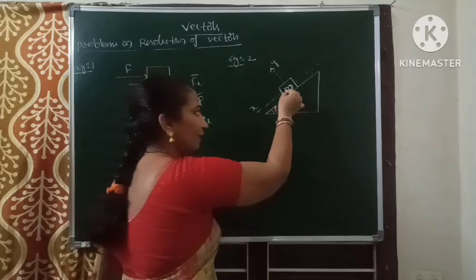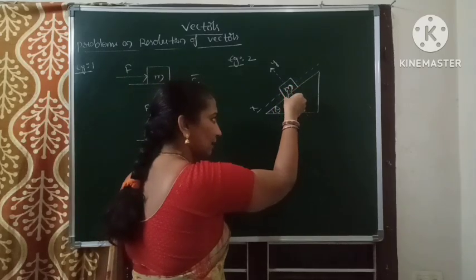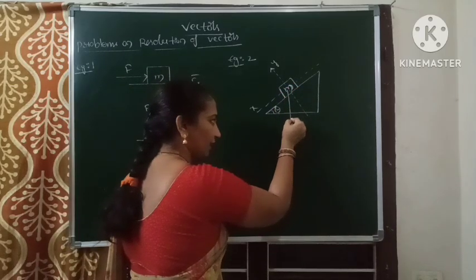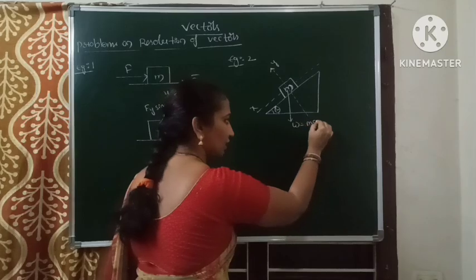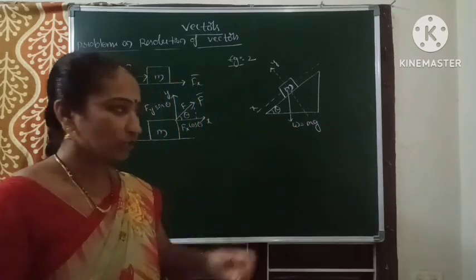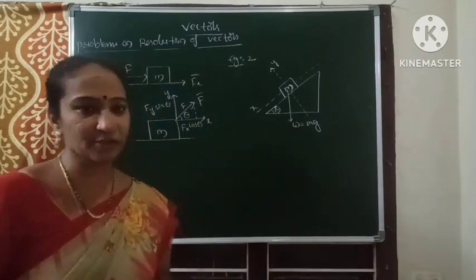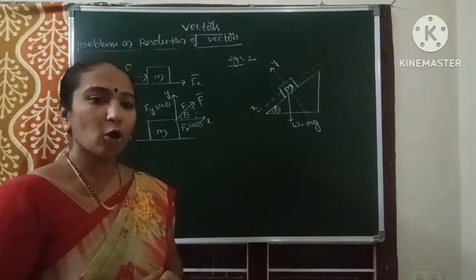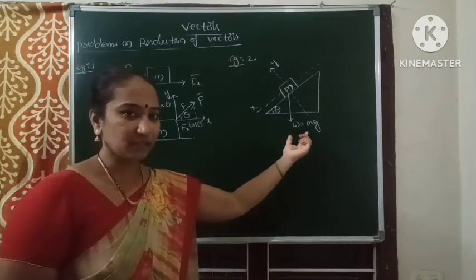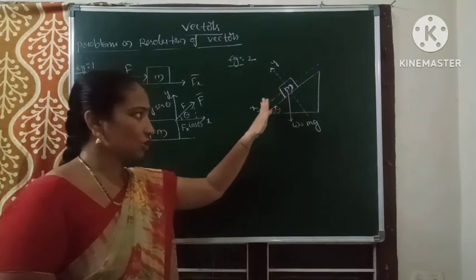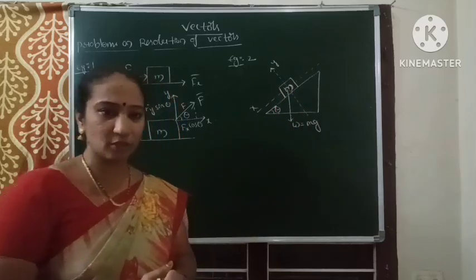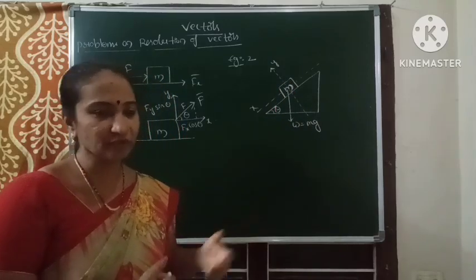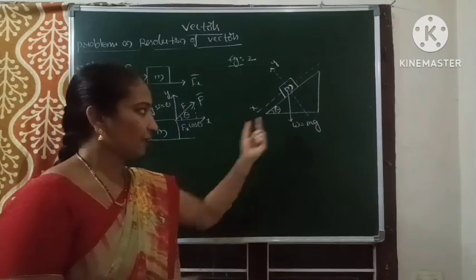The entire weight of the block is applied in the downward direction. That is W = mg. So now we have to resolve mg into two components: how much of the force mg is resolved in the x direction and how much in the y direction. We will calculate the resolution. Easy. Look here.